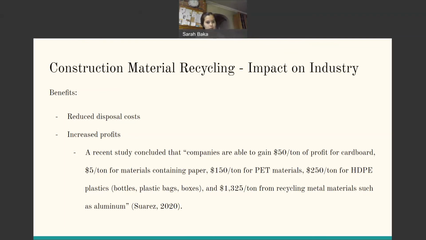I found a quote here that a recent study concluded that companies can make about $50 a ton for cardboard, $5 a ton for paper, $150 a ton for plastic materials, $250 a ton for HDPE plastics, and about $1,300 a ton for metal materials like aluminum. So there's a lot of profit to be gained by some of these materials listed here.